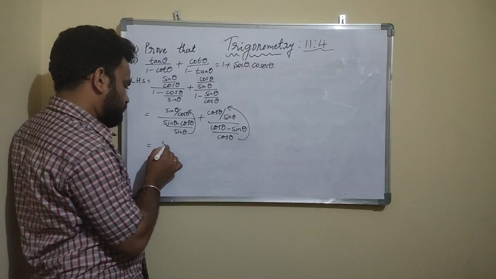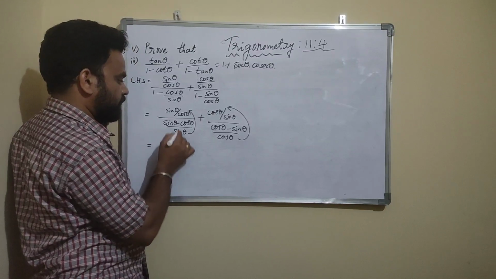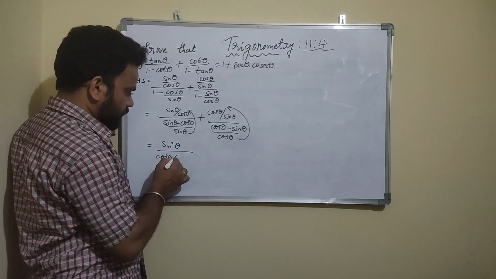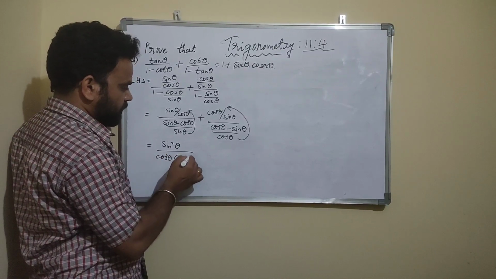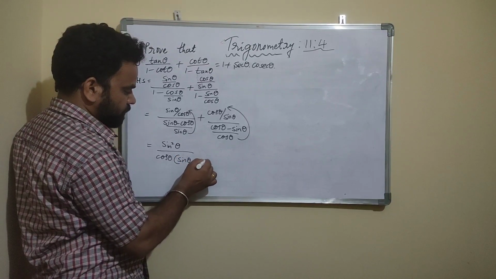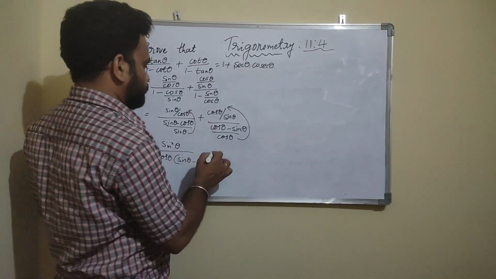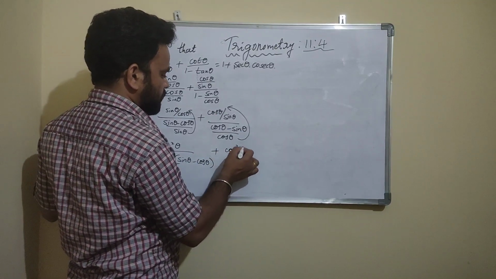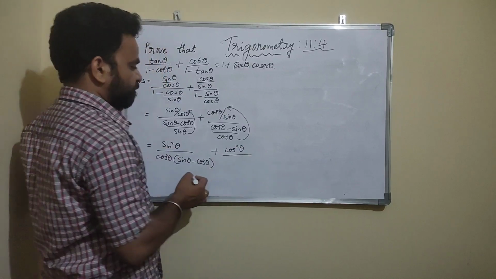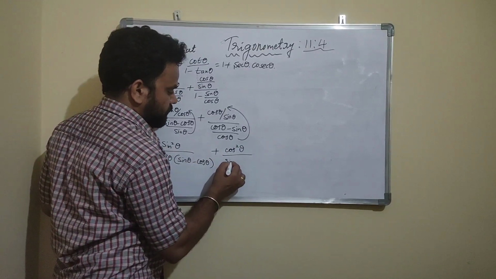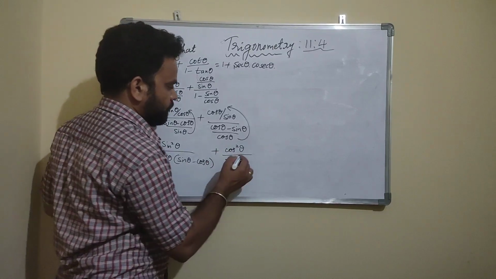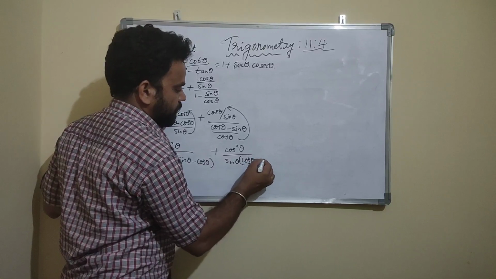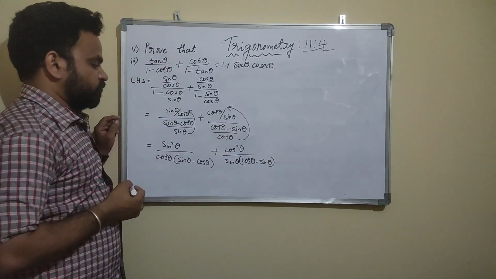What it will be, sin square theta divided by cos theta into sin theta minus cos theta, plus cos square theta divided by sin theta into cos theta minus sin theta, right?